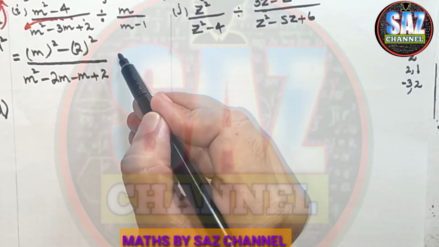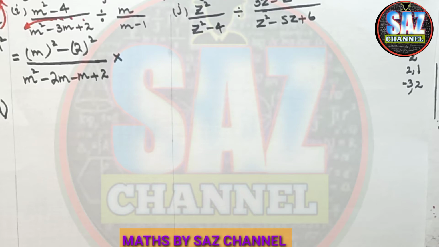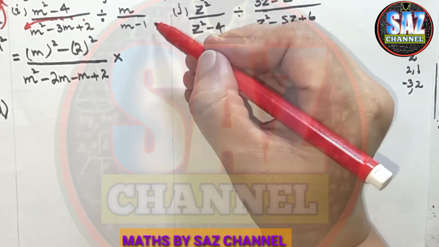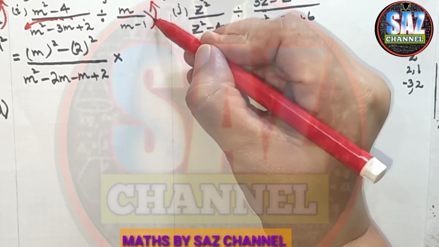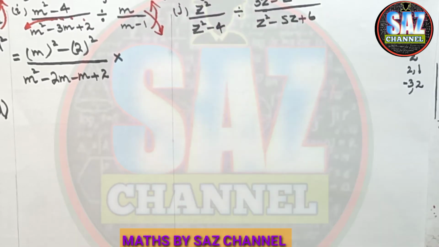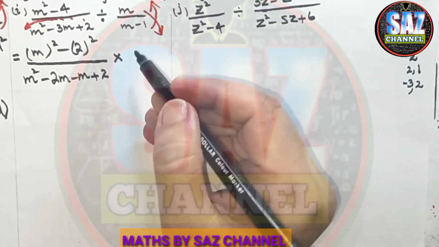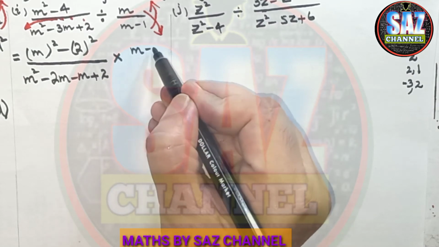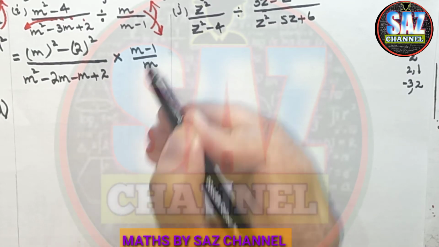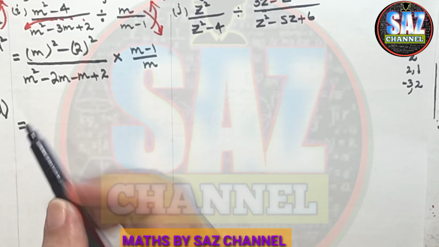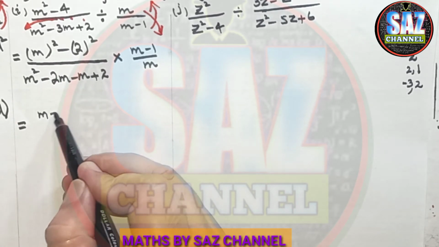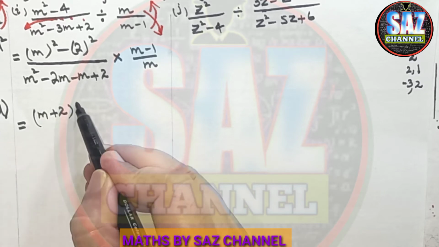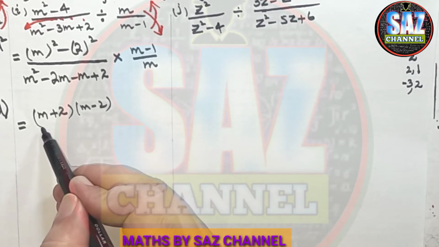Okay, coming to the second part, we can see that this is the division sign. I have to change it into multiplication sign, and then I have to take the reciprocal of the fraction which is after division sign. So my numerator will become denominator and denominator will become numerator, and it will take the form m minus 1 upon m. Coming to the next step, we can see that m whole square minus 2 square can be written as m plus 2 multiplied by m minus 2.